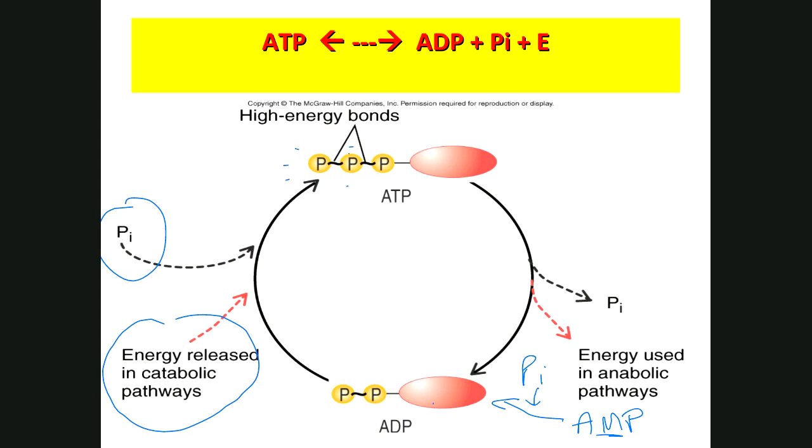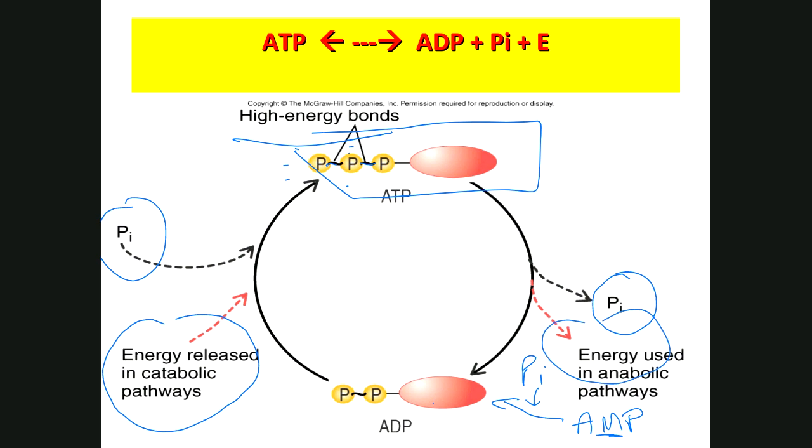So you're going to have to force them together. You can see this squiggly line saying these are very unstable bonds, and that's what makes ATP have high energy bonds. ATP is then hydrolyzed. When the last phosphate is removed, energy is released, and now we're back to having ADP.